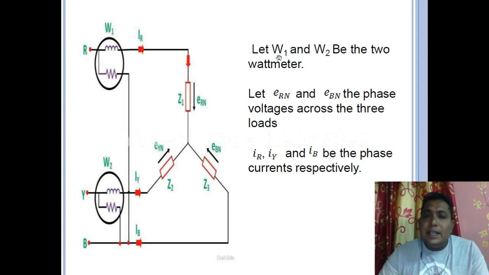As it is written, let W1 and W2 be the 2 wattmeters, yes, we have considered. Let ERN, EYN and EBN be the phase voltages across the three phase loads, and IR, IY, IB the phase currents respectively. Yes, we have seen that already.